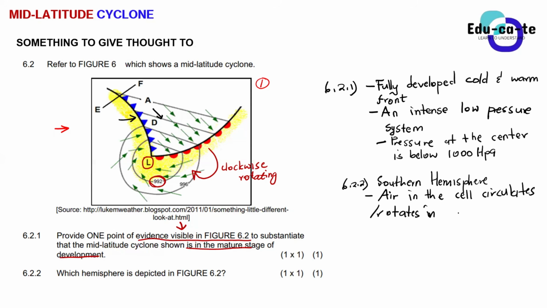So if it is rotating in a clockwise direction, this means that it is in the southern hemisphere.